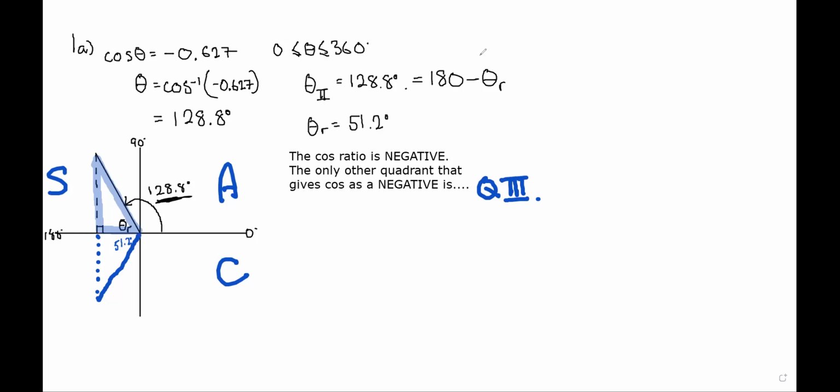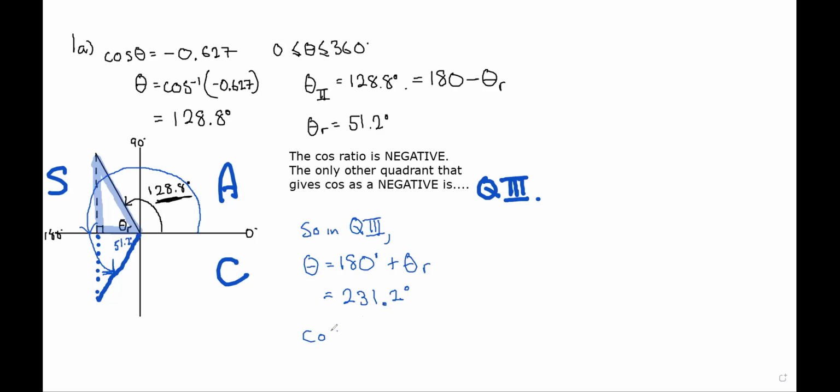And if that's the case, what's the original angle that brings my terminal arm to this point with a reference angle of 51.2 degrees? That's basically a full 180 degrees plus the extra reference angle, which gives me 231.2 degrees.